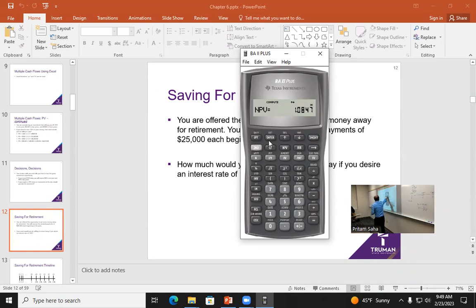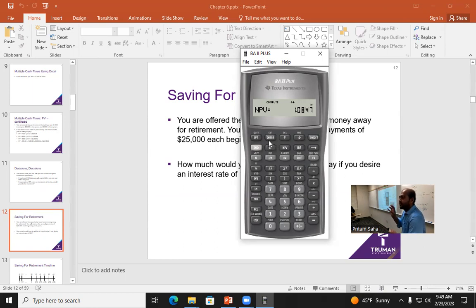So basically you get 1.0847, and since I input 25, you have to multiply by 1,000. Makes sense?